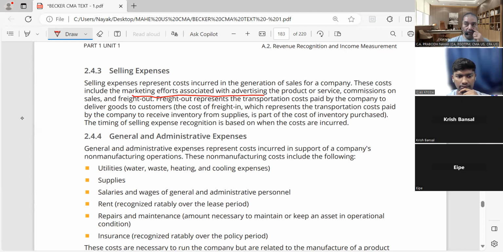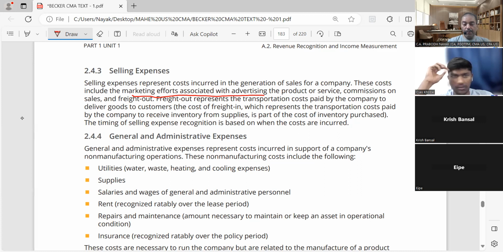So for example, if you are sending something by Amazon, then Amazon bears the cost of transporting the goods to whichever address you are saying. Okay, so freight out represents the transportation cost paid by the company to deliver goods, whereas the transportation cost paid to receive inventory from suppliers is part of the cost of inventory purchased. The time of selling expense recognition is based on when the costs are incurred.